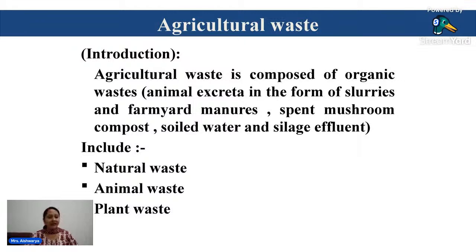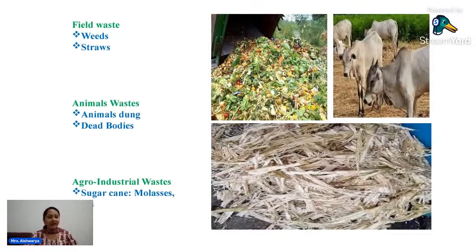Next one is animal waste. Animal waste is caused by animal dung or the animals slaughtered for meat consumption. Next one is agro-industrial waste.